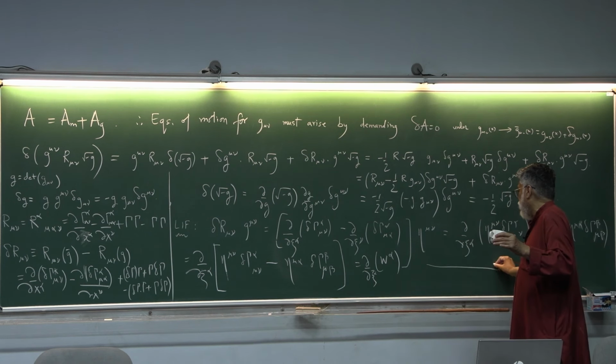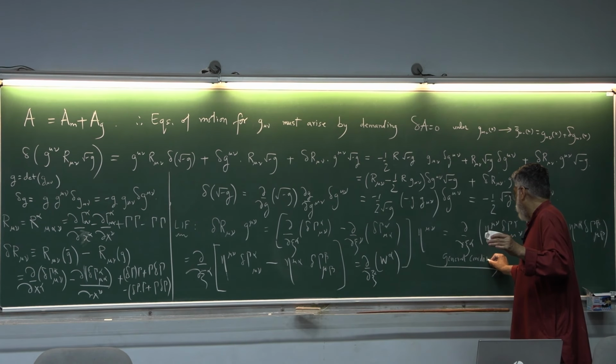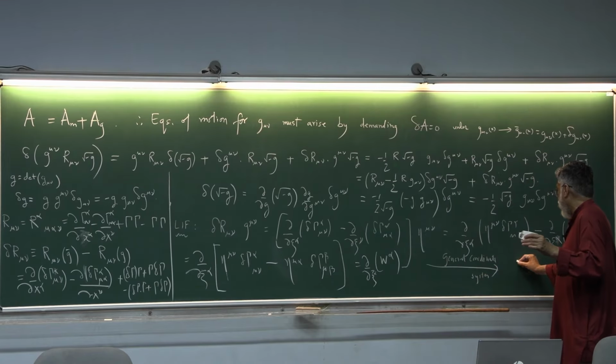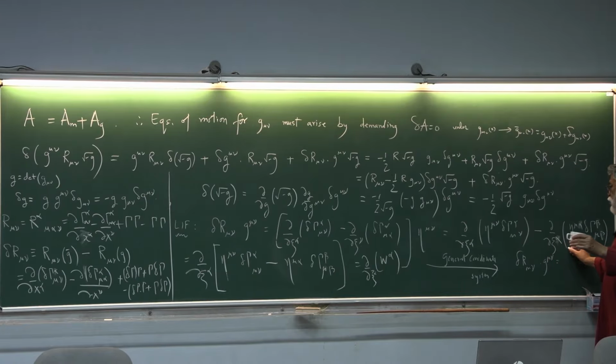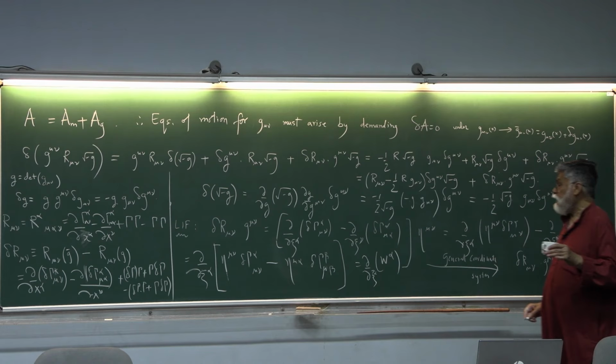So in a general coordinate system, your delta r mu nu, g mu nu must be equal to the covariant derivative with respect to alpha of W mu. Now what is your W mu?